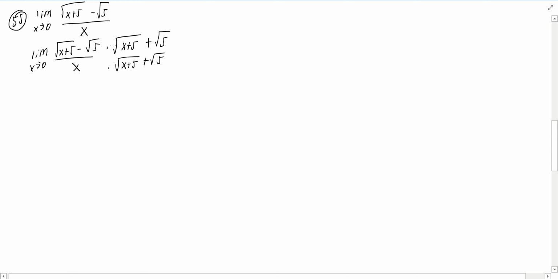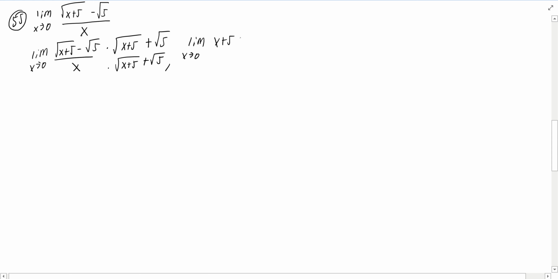So there we go. So now it looks like this, and now we can start multiplying this out and then begin our simplification process. So we're going to end up getting here the limit as x goes to 0, which is x plus 5, because the square root of x plus 5 times the square root of x plus 5 just gives us x plus 5.